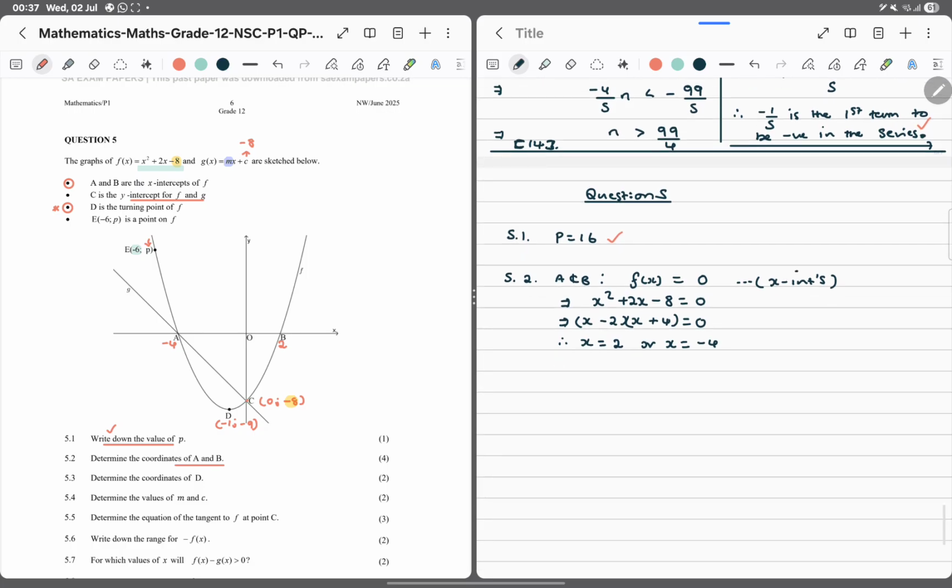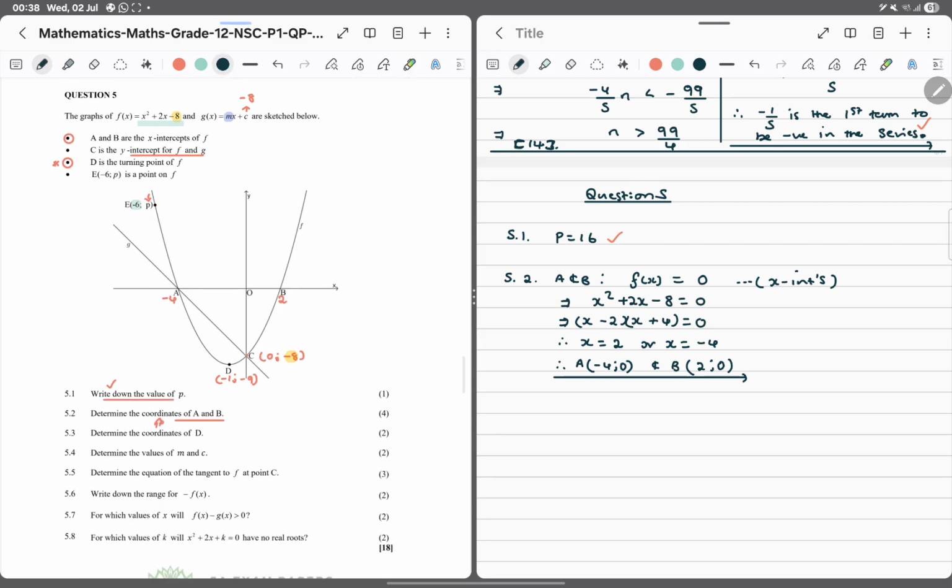Now looking at these two, we can see that A is going to carry minus 4. The corresponding y value is 0. And B is going to take 2 and 0 because of its position. Remember, we need to show the ordered pair because the question said coordinates. It didn't say x coordinates.